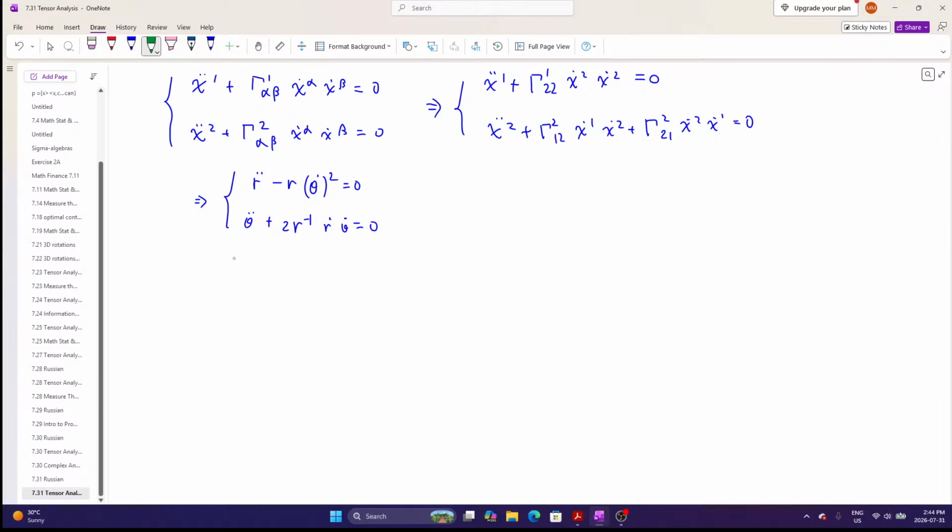Okay, here, this is a side tangent, but basically I want to derive the acceleration in the polar coordinate real quick. This is a classic derivation in mechanics, acceleration in polar coordinate.